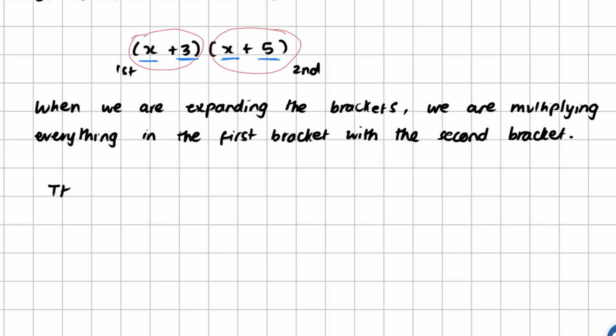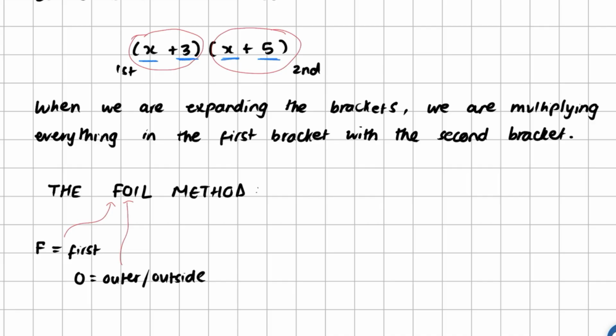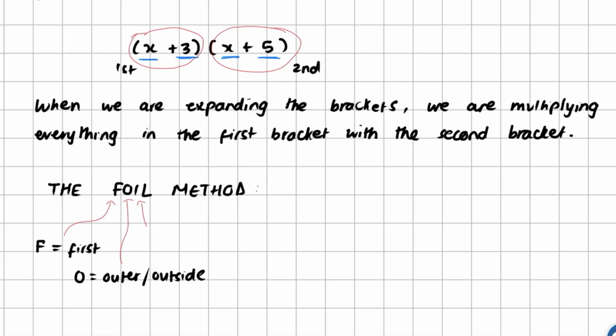So we had the FOIL method, and that stands for, so the F stands for first, then the O stands for outer or outside, and then we have the I, which is inner or inside, whichever is easier for you to remember.